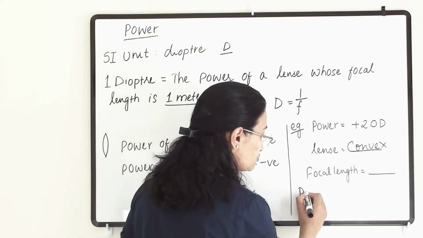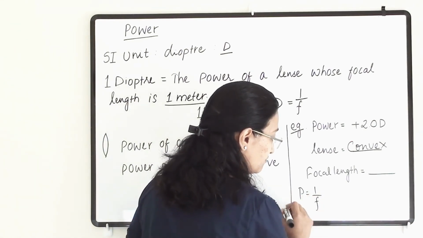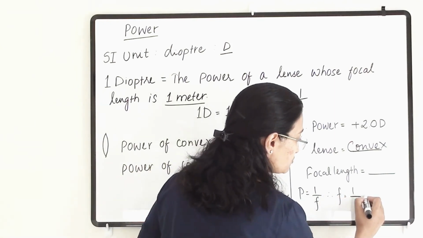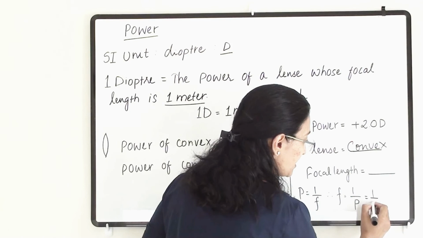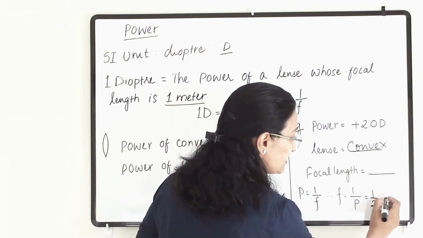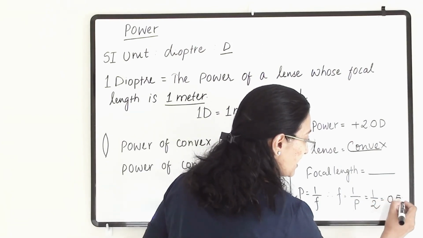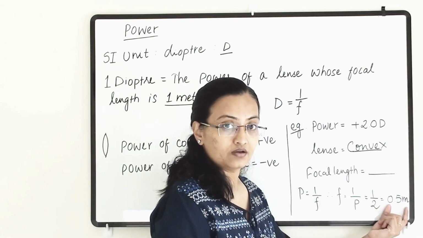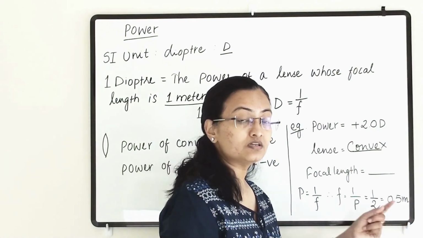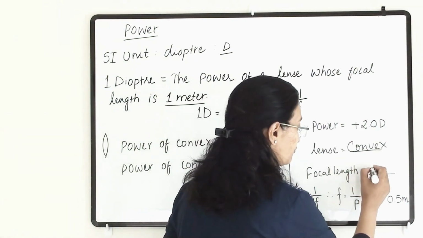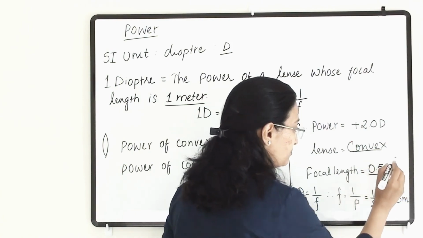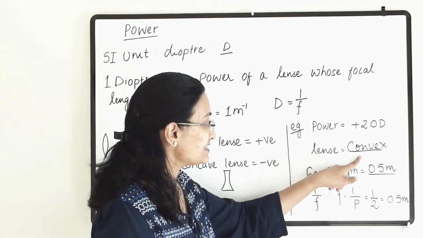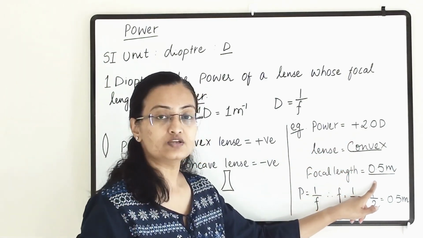P equals 1 divided by F. We can also write that F equals 1 divided by P, so we get 1 divided by 2, which is 0.5 meter. With the quotient, it is only meter and not meter inverse. So our focal length is 0.5 meter. So the lens whose power is plus 2 D is a convex lens and its focal length is 0.5 meter.